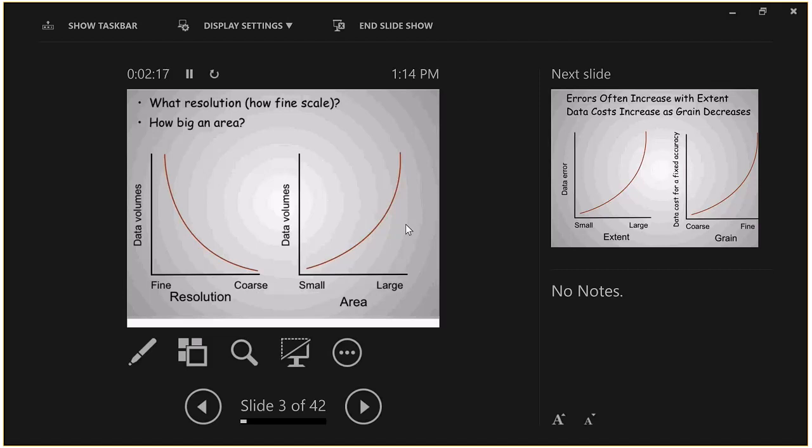Now, what am I talking about when I say really large data volumes? Well, a nationwide map of elevation, let's say, at 2 or 3 meters resolution would be terabytes and terabytes of information.